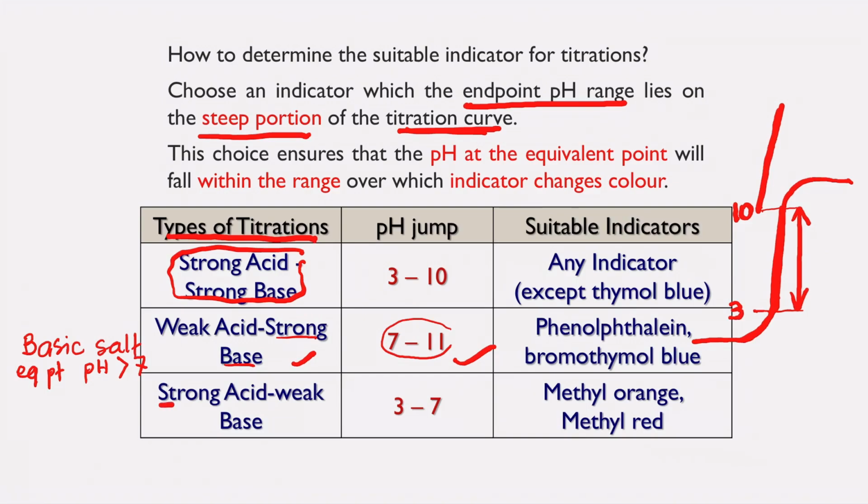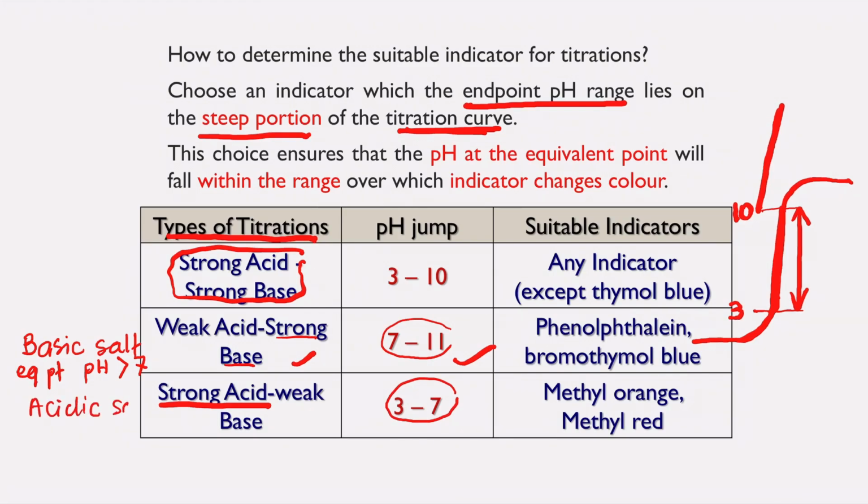Alright. So kalau awak ada strong acid, weak base, then awak punya pH jump is 3 to 7. pH 3 to pH 7. Itu kat bawah kan? So maksudnya itu adalah sebabnya. Sebabnya adalah you have acidic salt. Alright.